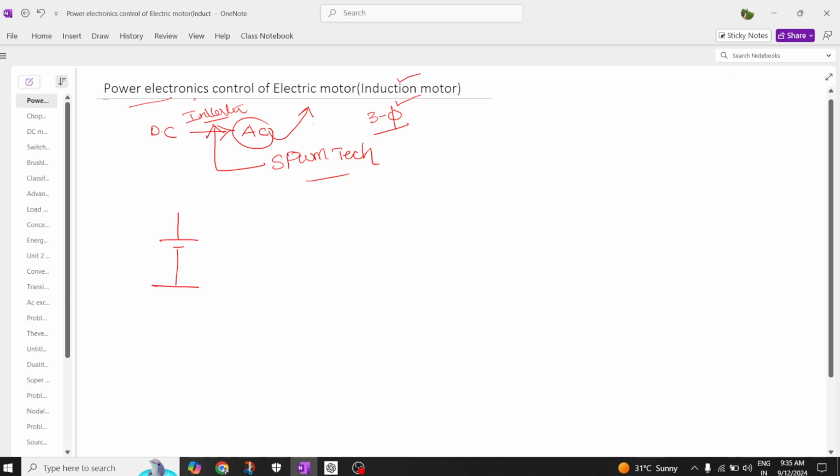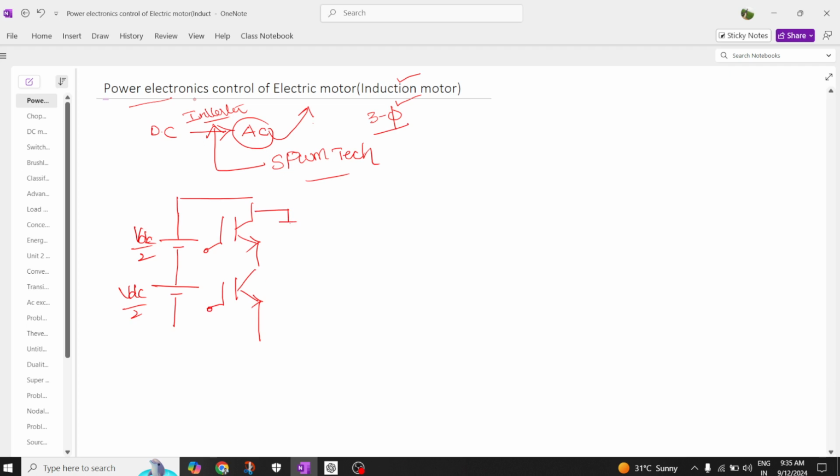I'm having a DC supply, and this DC supply is divided into two parts, and this is applied to a transistor, or you can take an IGBT switch, whichever is comfortable for switching. Generally IGBTs are selected, and in parallel to this we are going to have one diode, and here one more diode, and it's connected like this.